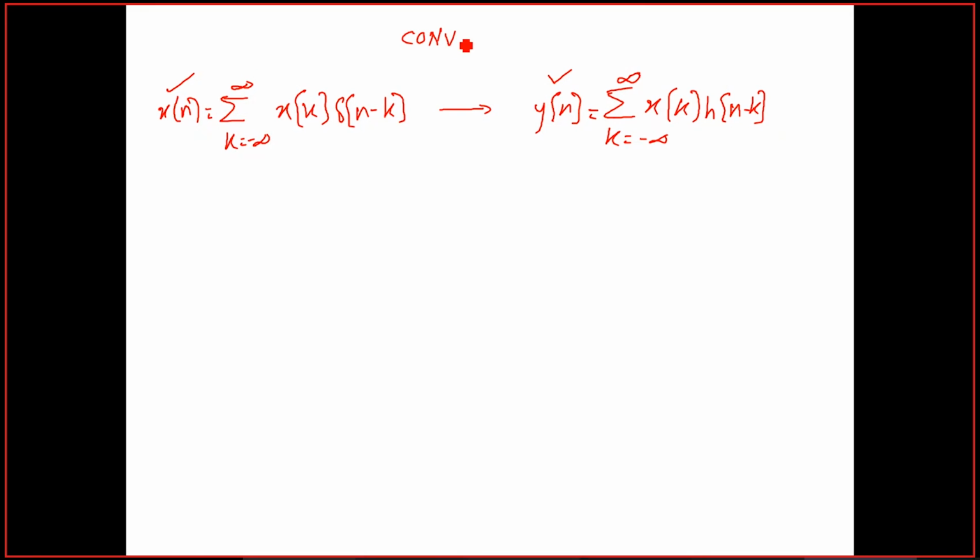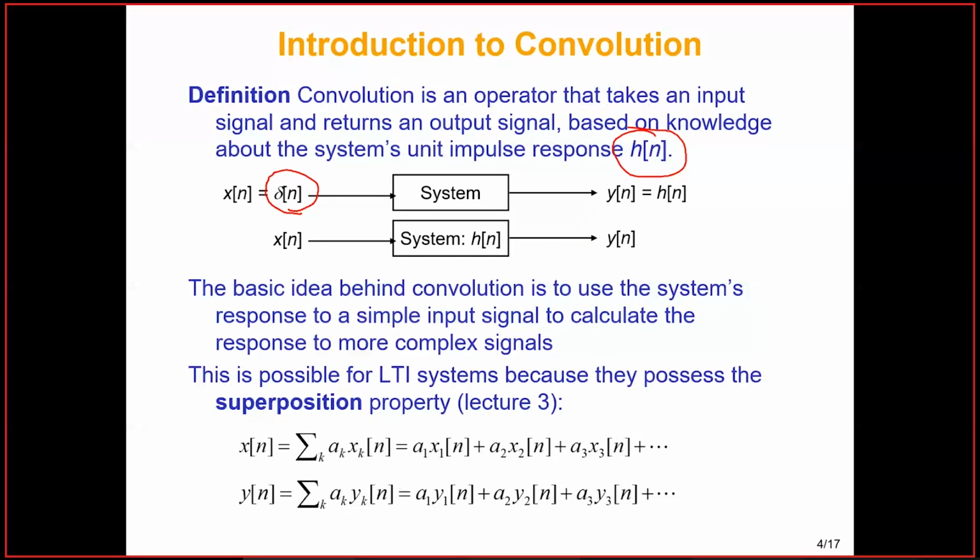And the summation that you see on the right hand side, we call that the convolution sum. And we have a symbol for that. We just put a star in between, and that is the symbol of convolution: x of n convolved with h of n. So this was the theory base that we covered last time.